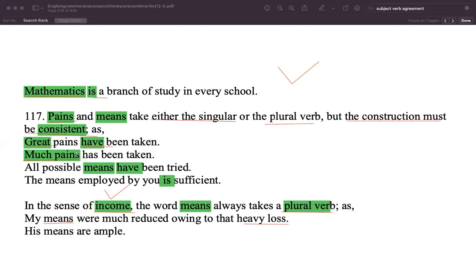Here it indicates the pain as an abstract noun. All possible means have been tried. The means employed by you is sufficient. So in that case, pains and means depend upon the kind of sentence where you are using them, whether singular or plural. You can determine on the basis of its usage in the sentence, right?